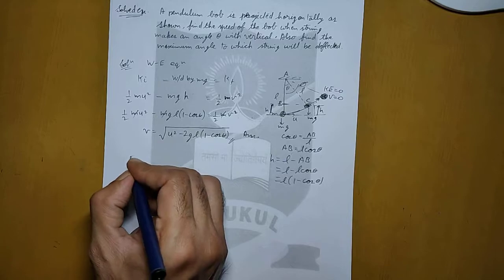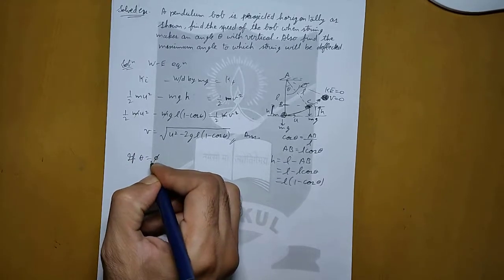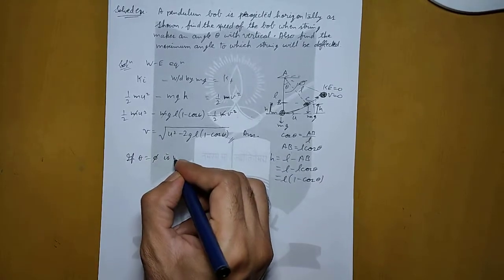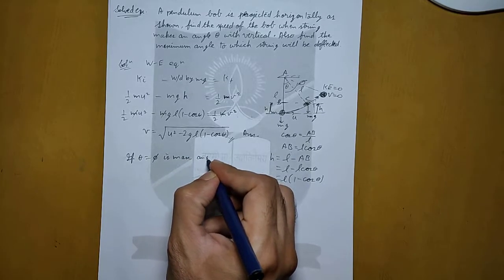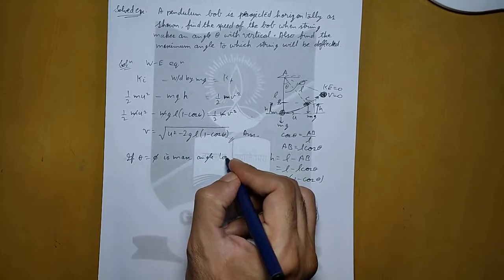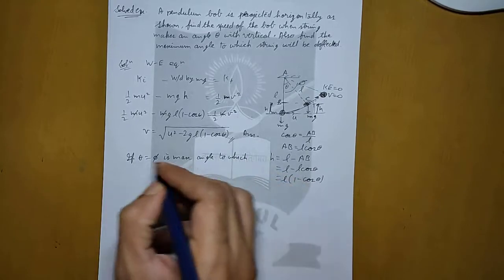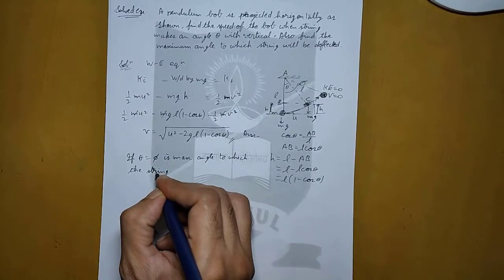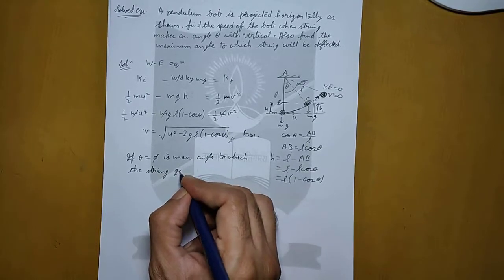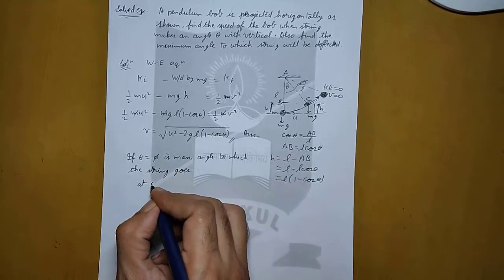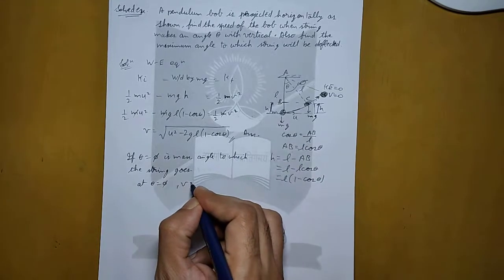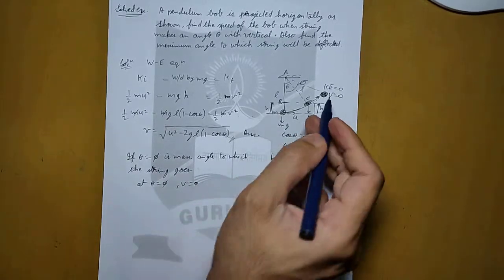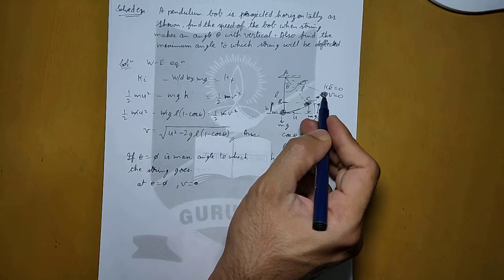So we can write here that if theta equals phi is the maximum angle to which the string goes, then at theta equals phi, v is equal to 0. After this point, the bob will return.